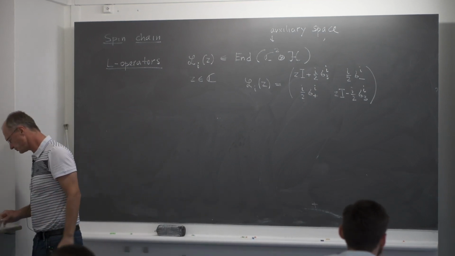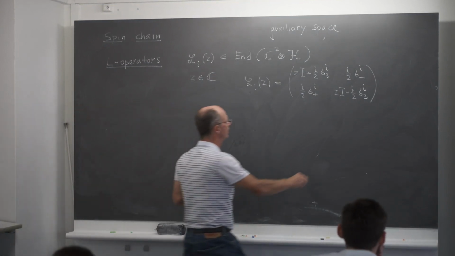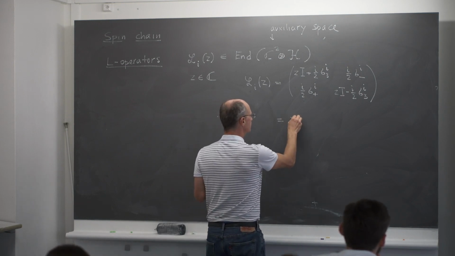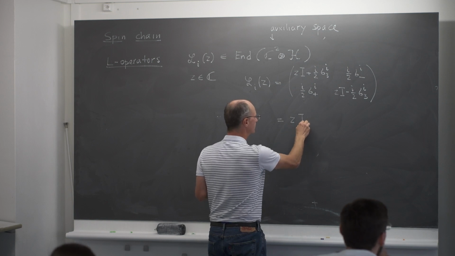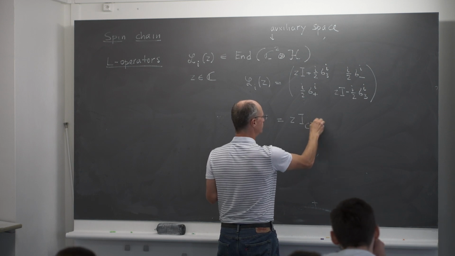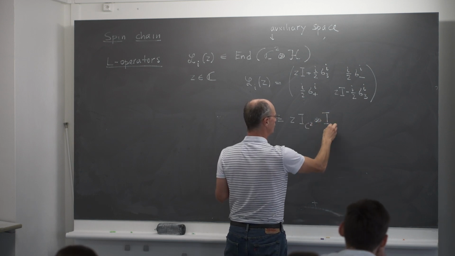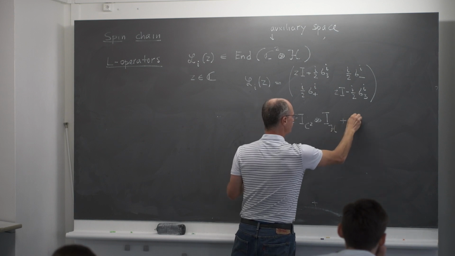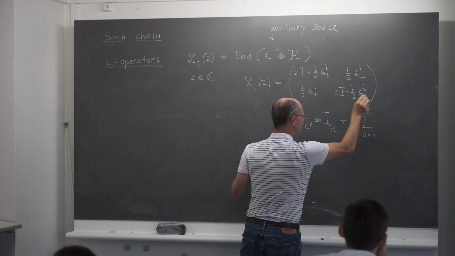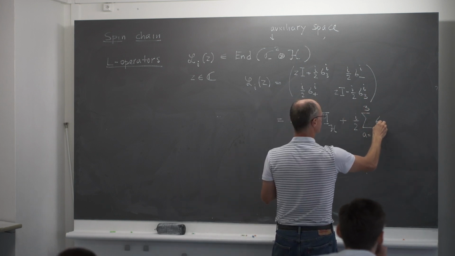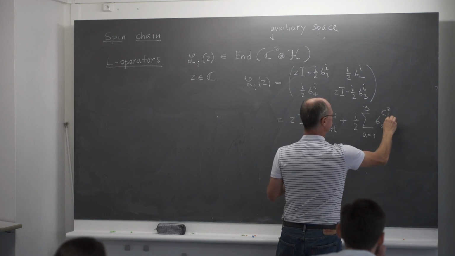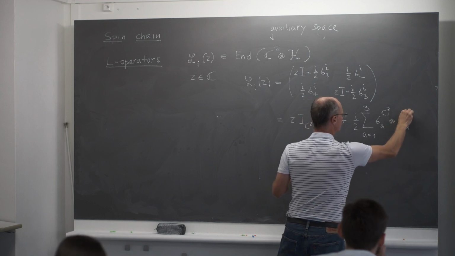Maybe one more formula for it. The same thing is z times the unit matrix in this auxiliary space C2 tensor 1 in H, plus i over 2 sum over a of sigma_a in C2 tensor sigma_a,i.